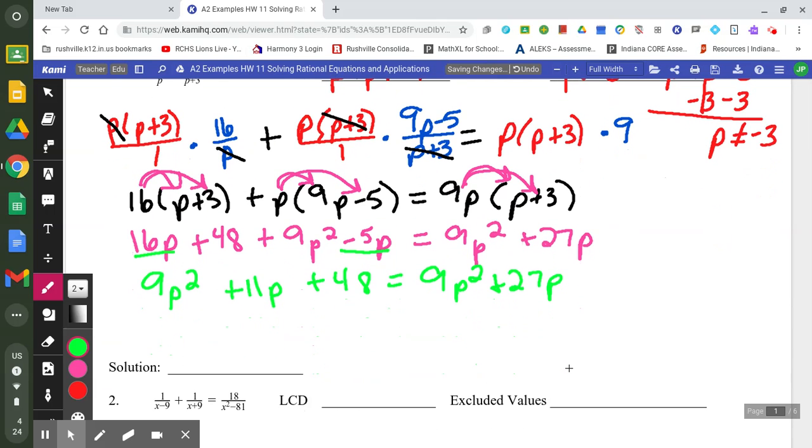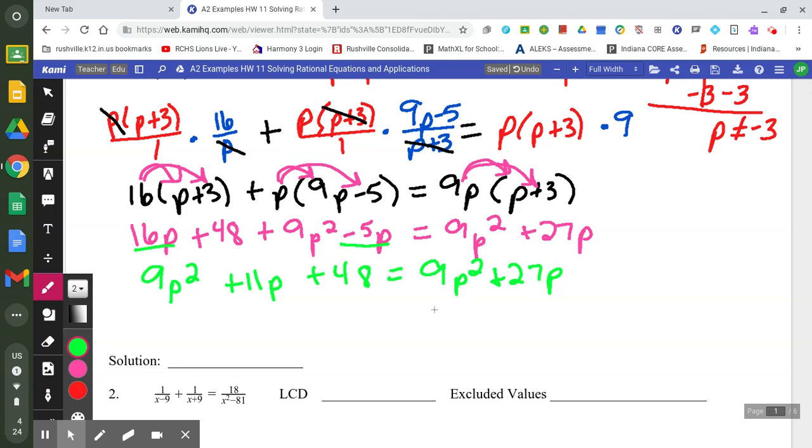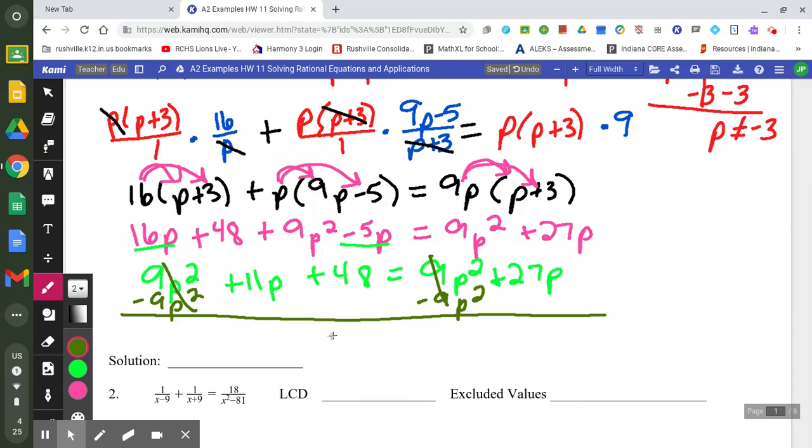And now I can start putting all of my letters on one side of the equal sign. So I'm going to subtract 9p squared. And when I do that, it actually cancels off both sides.